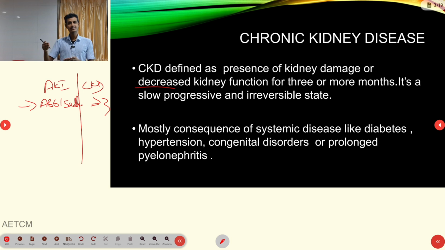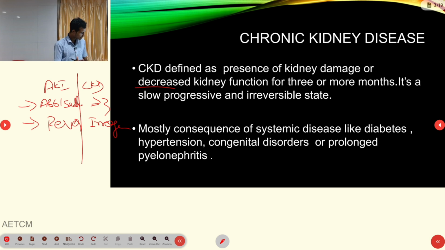In AKI, if you treat the cause, it will resolve, so it is reversible, but CKD is irreversible. Okay, so these are some common distinguishing factors or differentiation between AKI and CKD.